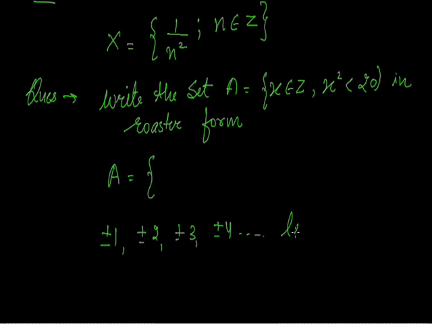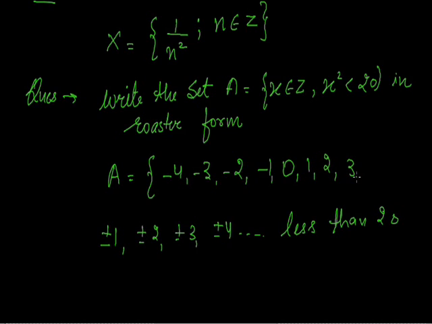So the set will be minus 4, minus 3, minus 2, minus 1, 0, 1, 2, 3 and 4. Since 4 square is 16, which is less than 20, but if we take 5, it gives 25, which is not less than 20. So we discard 5 and take the elements up to only 4. So it is written in roster form.